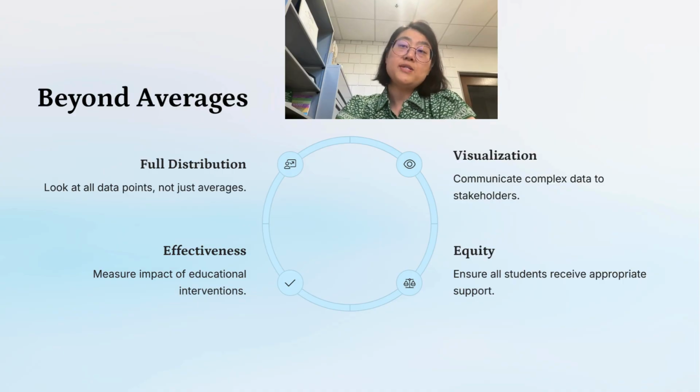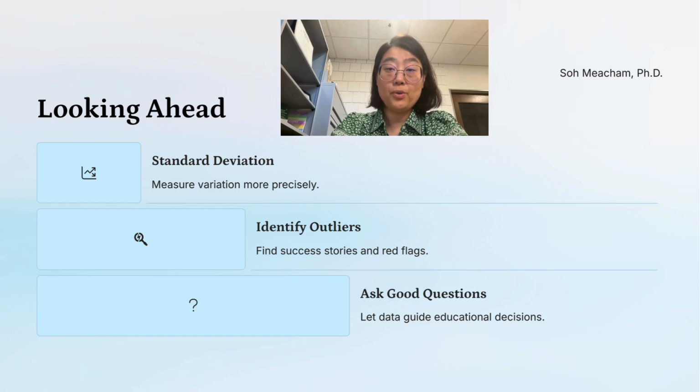We use visualizations to communicate complex data to stakeholders, parents, or school boards. We remain attentive to both equity and effectiveness. So, remember, statistics aren't just about numbers. They help us tell stories about students, schools, and systems grounded in evidence.